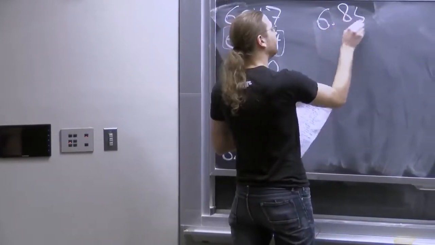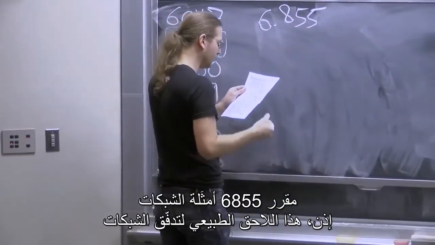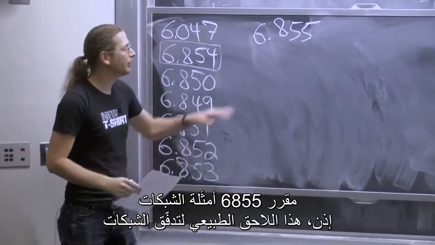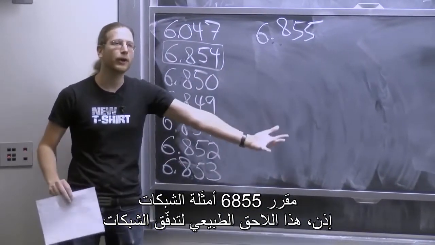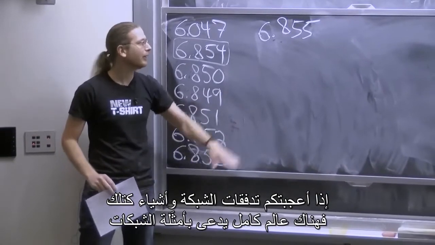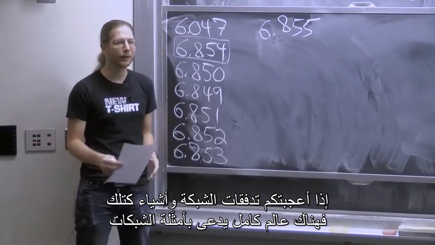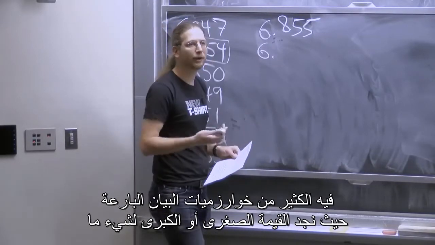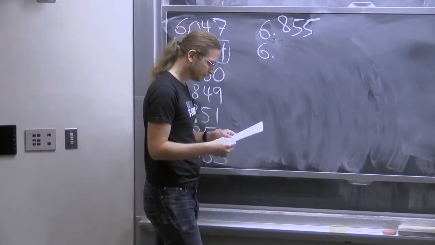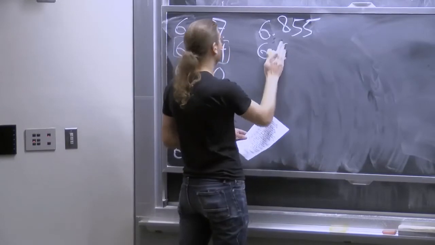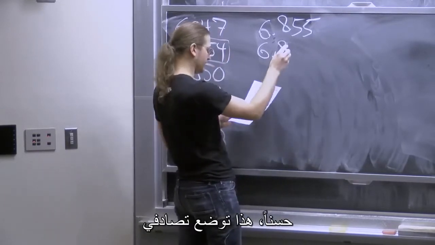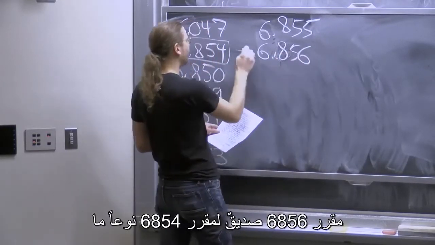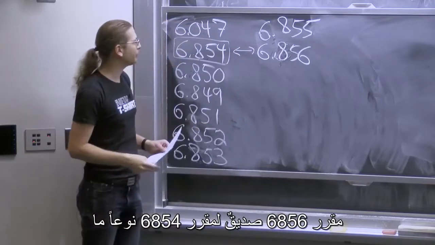6.855 is network optimization. So this is like the natural follow-on of network flows. If you like network flows, things like that, there's a whole universe called network optimization. Has lots of fancy, basically graph algorithms where you're minimizing or maximizing something. OK, this is fortuitous alignment. 6.856 is kind of a friend of 6.854.